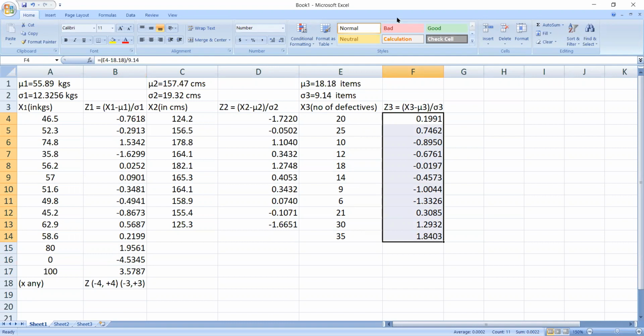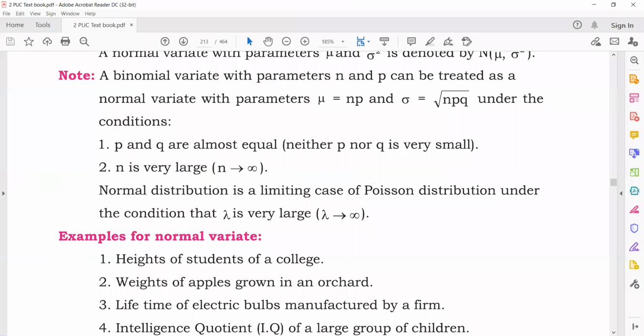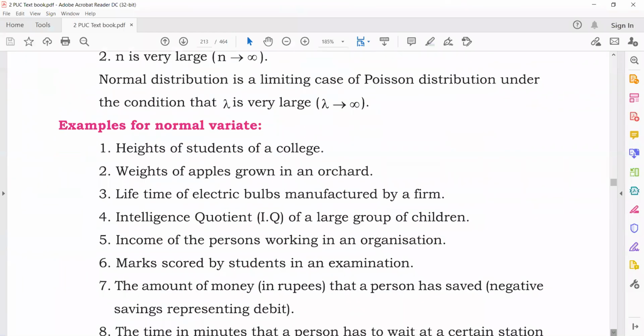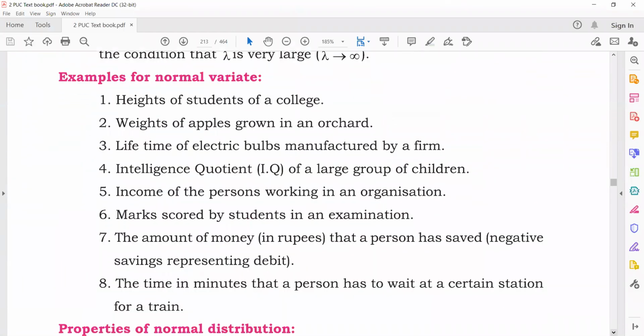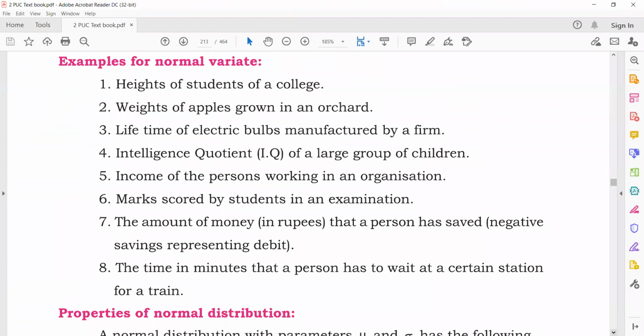So that's why this distribution is called normal distribution, because most of the variables we observe in nature can be easily studied using this concept. So that's why the assumption and the validation of normal distribution is very much important when it comes to the inferential analysis of statistics.